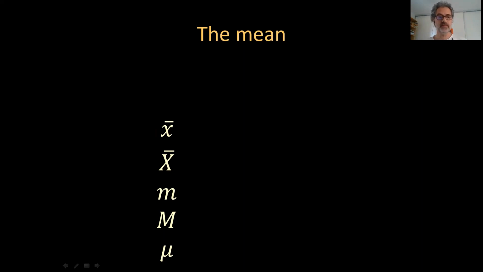In many papers, especially papers that follow the APA format, you'll see capital M. And in some places, including some previous videos here, you'll see the lowercase letter mu. It turns out almost all of these are the same thing. So all of these symbols are used in different contexts to indicate the mean of a set of values that we actually have, which is called the sample mean.